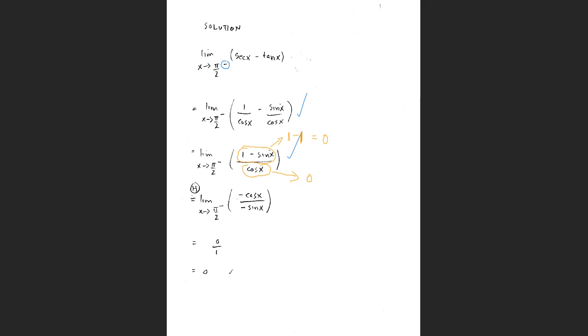So I put the H over here, and the derivative of 1 minus sine is my f prime, negative cosine of x, and cosine of x is my g, so negative sine of x is g prime.